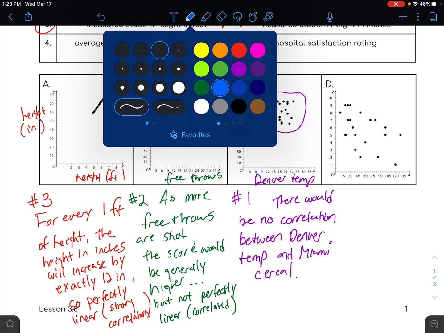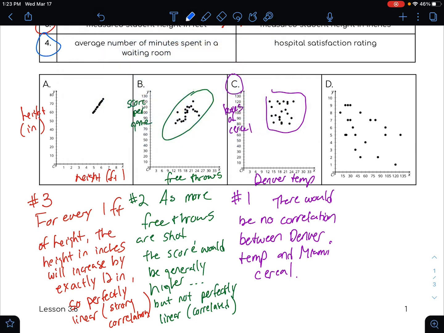Which then leaves us with our last one, which hopefully is D, average number of minutes spent in a waiting room, hospital satisfaction rating. Yeah, so it makes sense that as you wait more minutes, your satisfaction rating is probably going to go down. And there's not a perfect relationship there. It's a pretty scattered scatter plot, but in general, it seems to be sloping in a negative direction.